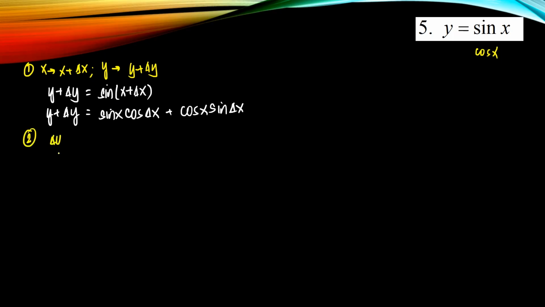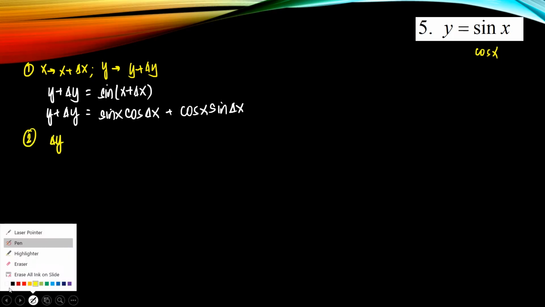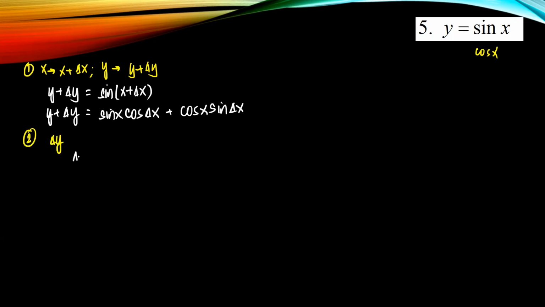Let's go to step number 2. Let us isolate delta y. So in this case, your delta y is simply sine x cos delta x plus cos x sine delta x minus sine of x. Some of you will ask, where did I get the sine of x? That's actually the original question. All right.